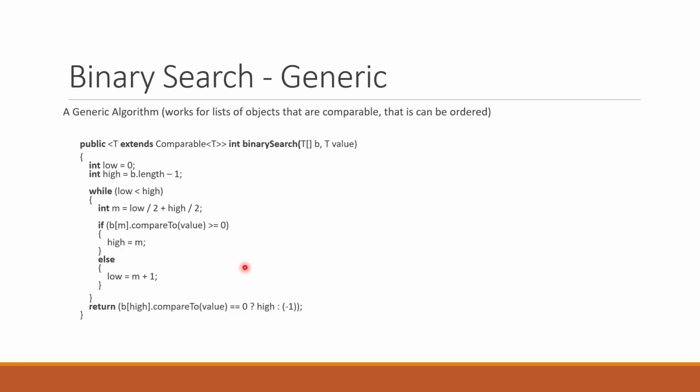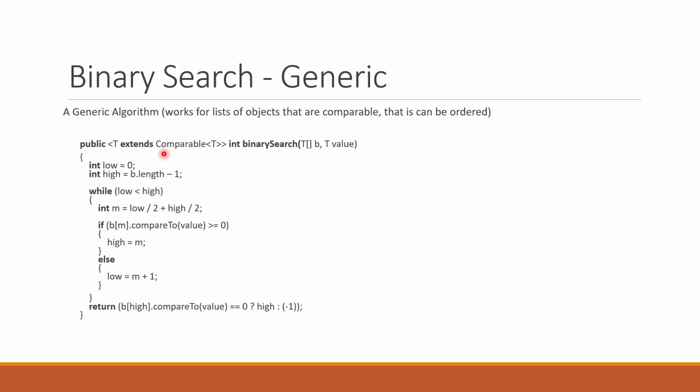The binary search also comes in a generic version, where we have modified the method header a little bit. In the signature of the method, we state that there should be a type T that needs to extend or implement the Comparable interface.